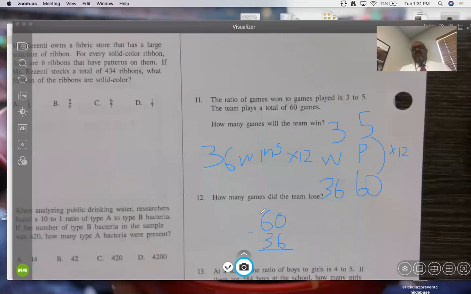Okay, we'll do a little choral response. 0 minus 6, can't do it. Borrow next door. 6 becomes a 5. 0 becomes a 10. 10 minus 6 is 4. Best forever. 5 minus 3 equals 2. So my answer for number 2 is 24. You guys can read that there.